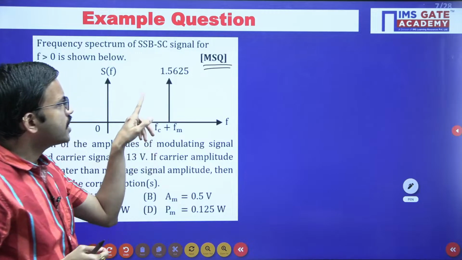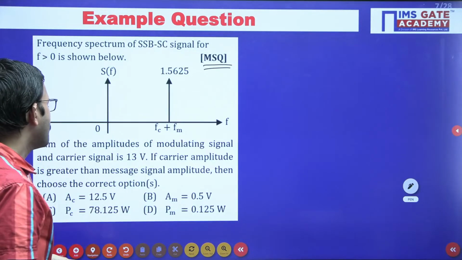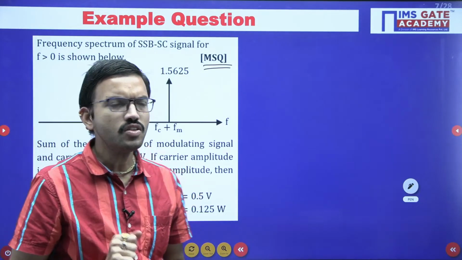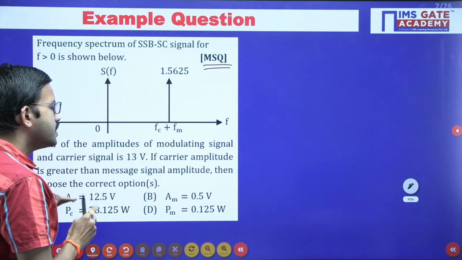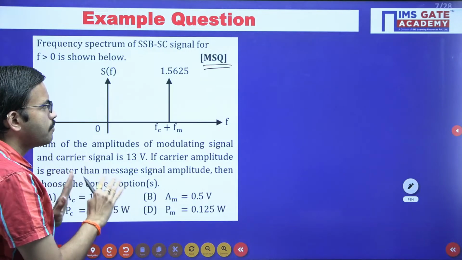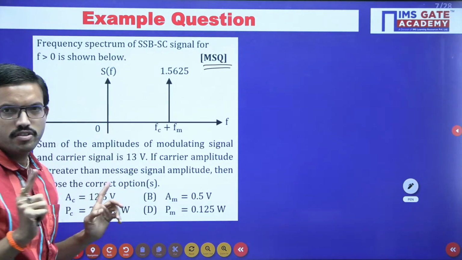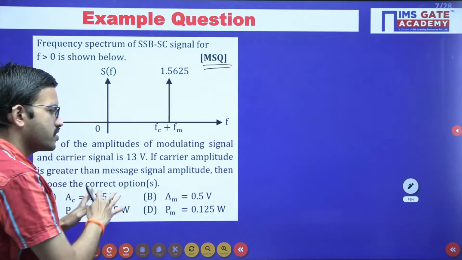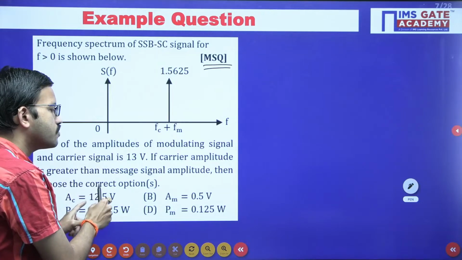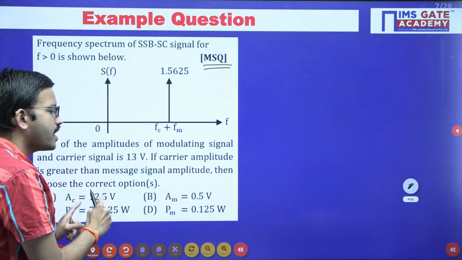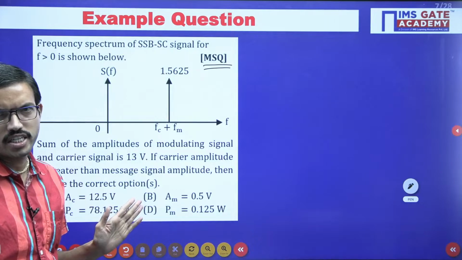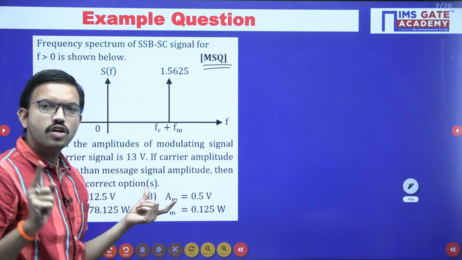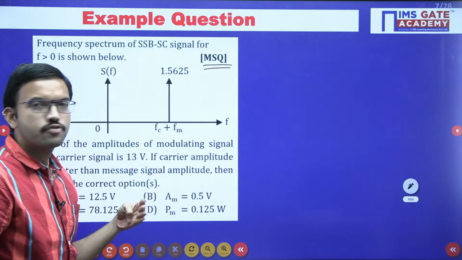But for MSQ, you have to verify each and every option whether it is really correct or not. So that is the reason. For MSQ, it seems that you are solving one question, but since you are having 4 choices, each choice related to one different quantity or parameter, then actually you are not solving a single question, you are actually solving like 4 questions.